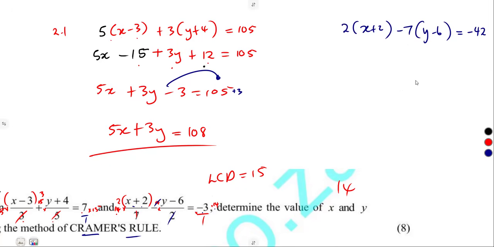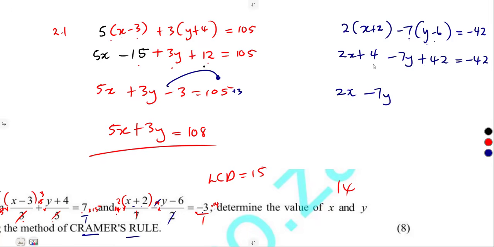So let us try to expand the brackets and see what you're going to have. 2 times x, 2 times 2, that's a 4. Negative 7 times y, negative 7 and negative 6, that's a positive 42, and that is equal to negative 42. Looking into the left-hand side, that's 2x minus 7y in this case.